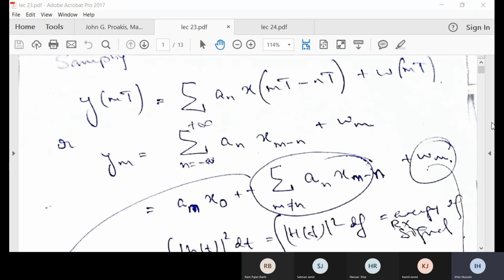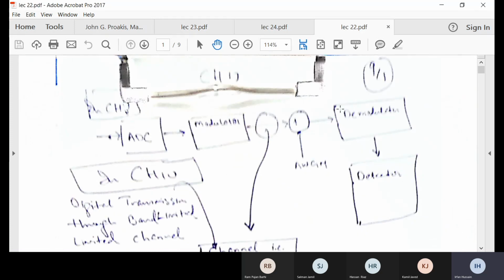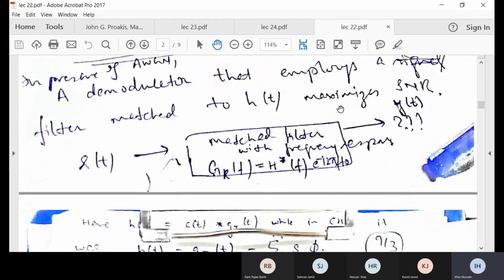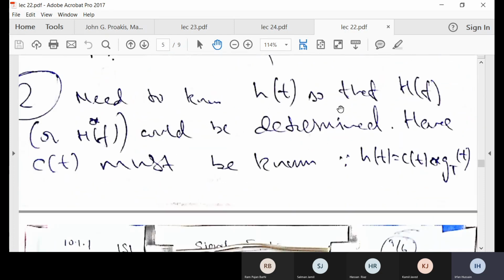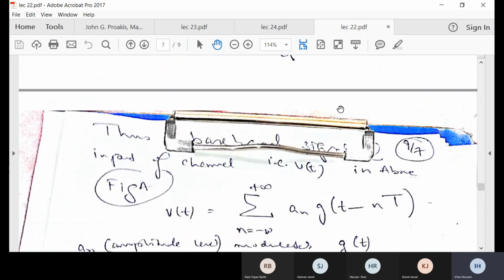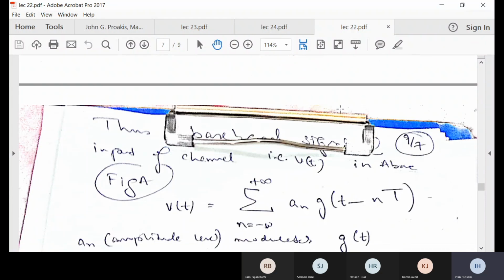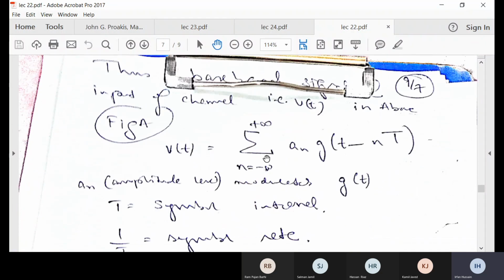and then we got... so remember in the last lecture we saw all the explanation. This was the baseband signal of a multi-array PAM.